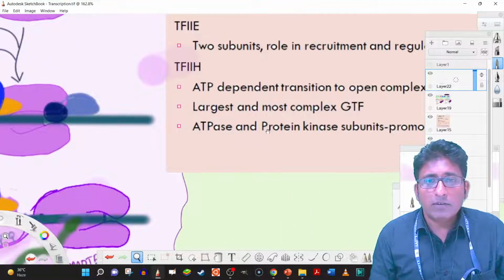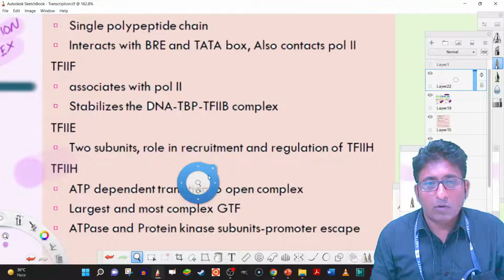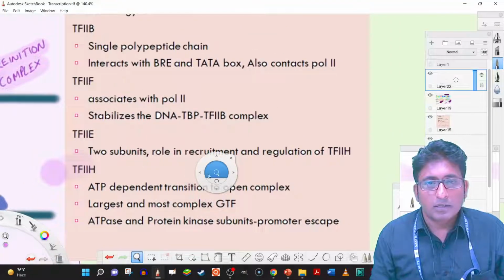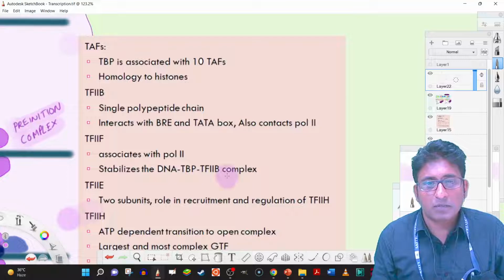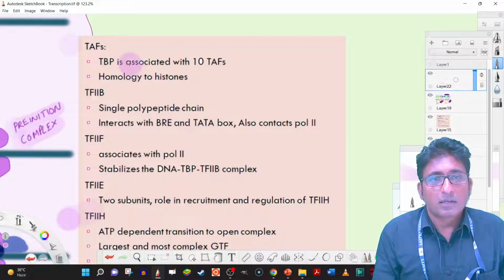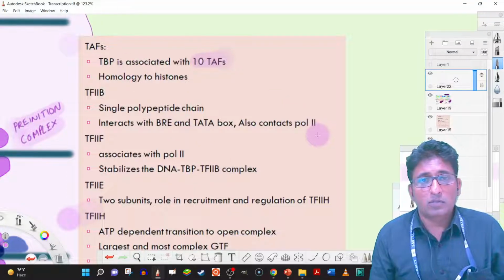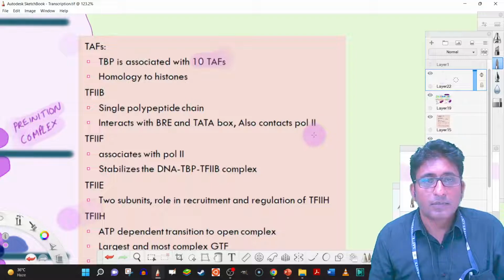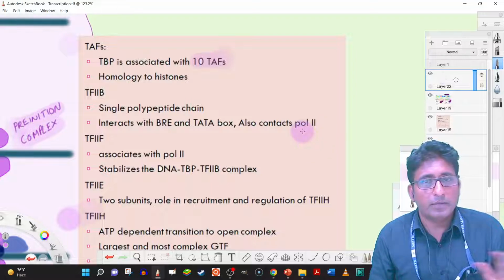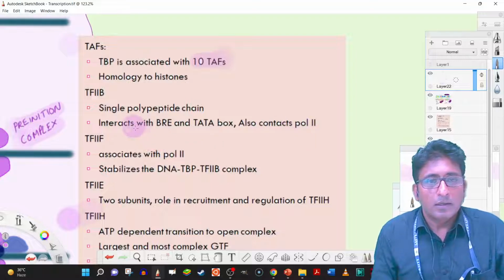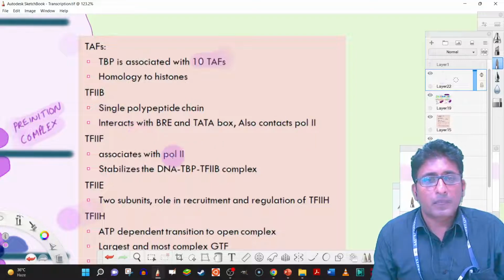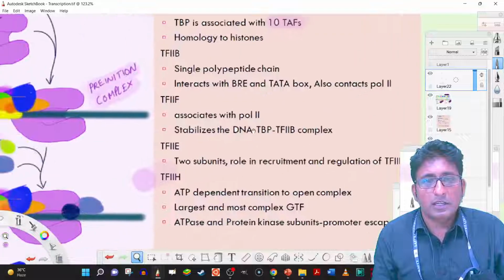There are several factors involved in this case, and among them we have several TAFs, that is TATA binding protein associated factors. There are at least about 10 different types of TAFs, and they have a little bit of similarity or homology with the histones. And TFIIB is a single polypeptide.